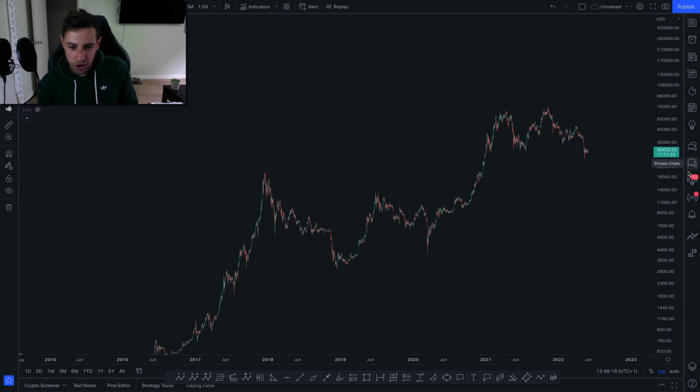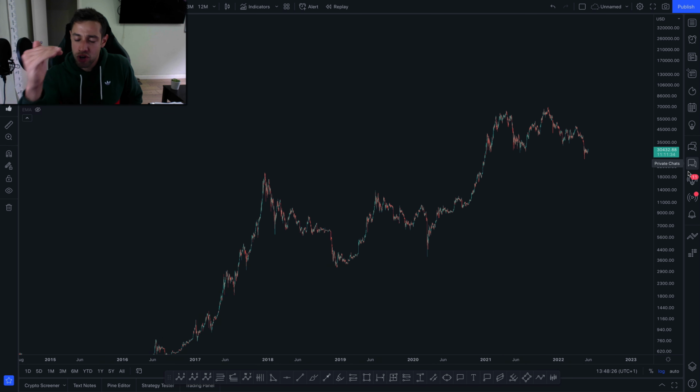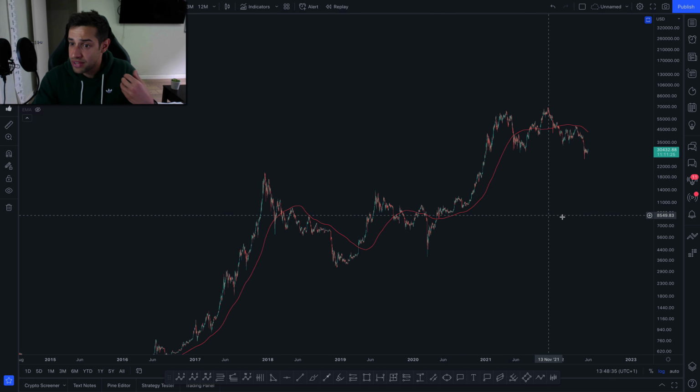The third and final way to use moving averages is perhaps my favorite and also the most simple to use, and that is buying and selling when you move deviations above or below that particular moving average. So what I mean by that is, let's say we take Bitcoin as an example and we use the 200-day moving average.